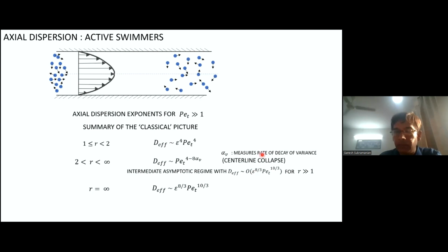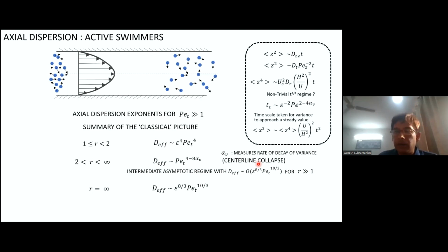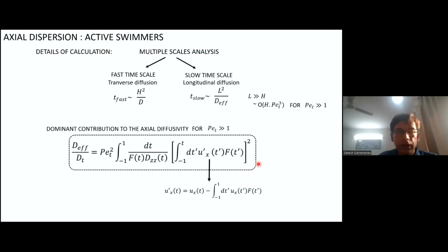The variance decays algebraically as Peclet power minus 2 alpha v as Peclet goes to infinity, and that implies the variance decreases to 0 for infinite Peclet, which is what happens when you have a center line collapse. Given this, I now want to go into the actual results to see how much of this is true. I'm not going to go into details of that scaling argument. The calculation is again based on a multiple scales analysis.